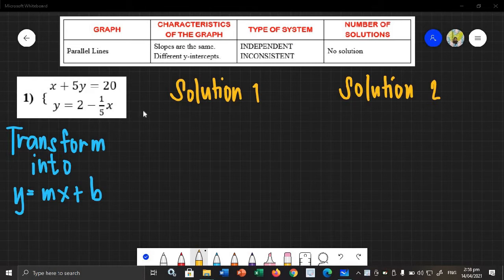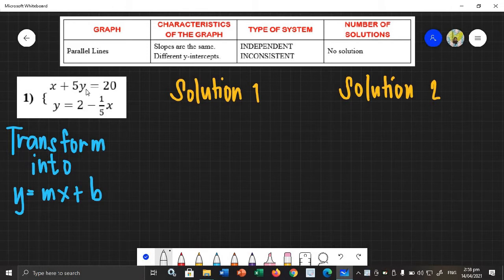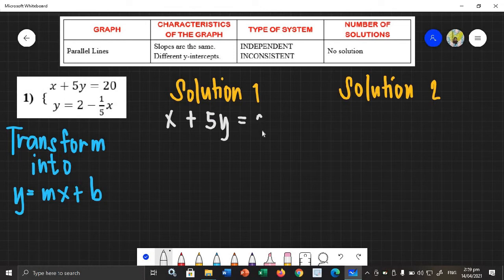The fastest way para ma-solve natin yung slope is to transform these linear equations into the slope intercept form, which is y equals mx plus b. So first linear equation muna tayo, we have x plus 5y equals 20. So, transpose natin si x on the right side of the equation.